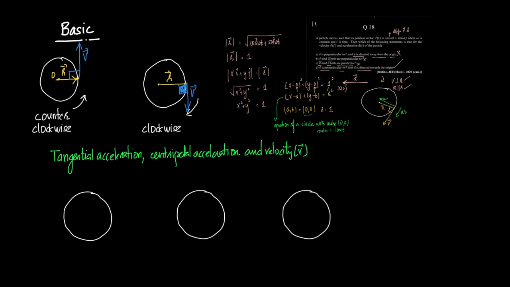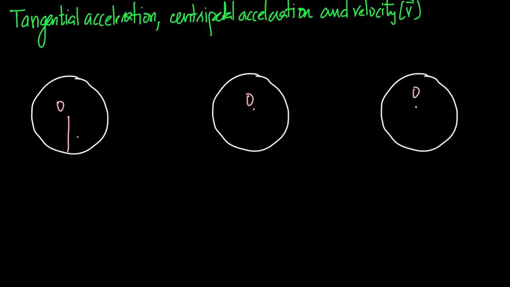So in the first case, first let us draw the direction of centripetal acceleration. So this is center O, this is center O, this is center O, and in all three cases, centripetal acceleration is always directed towards the center, right?